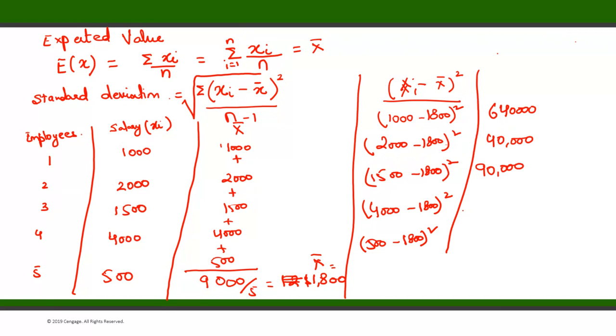So 4,000 subtract 1,800, 2200, and then you square it, so it comes out 484,000. Okay, and then you have 1800 minus 500, which is 1300 square. So 1300 square, it comes out 169,000.